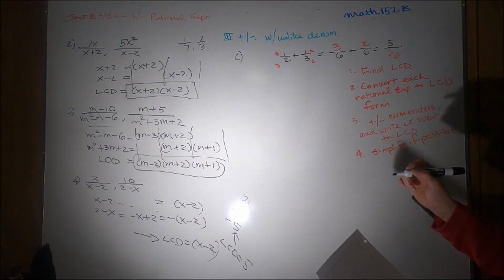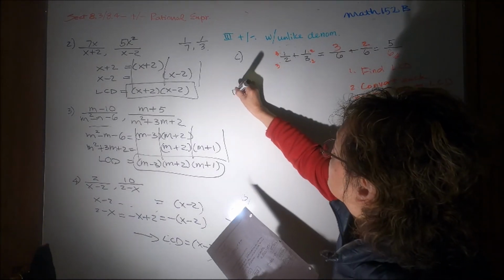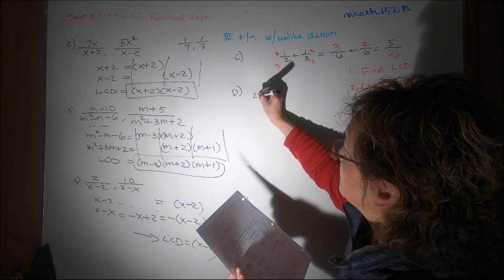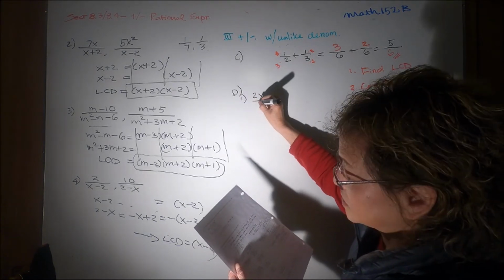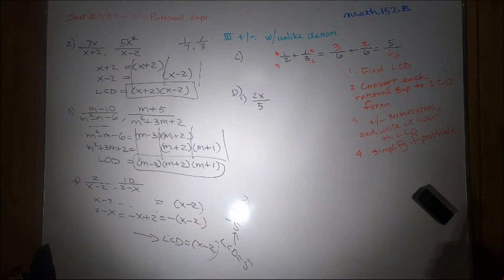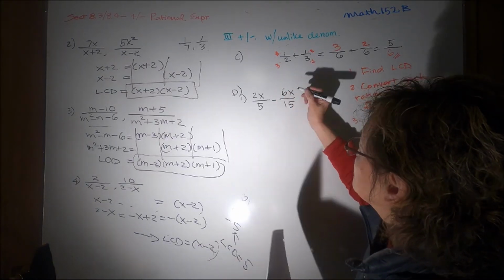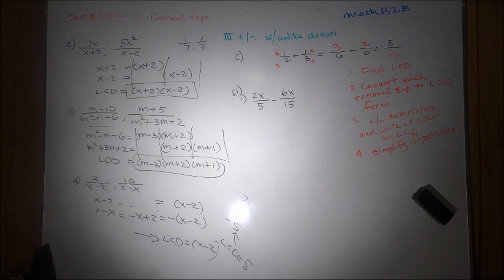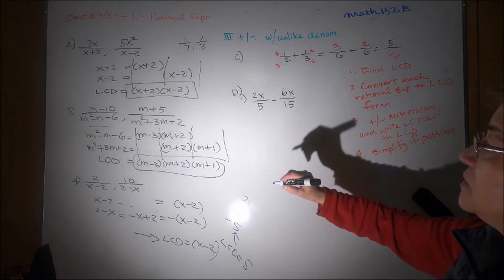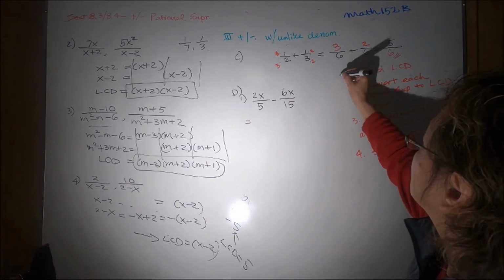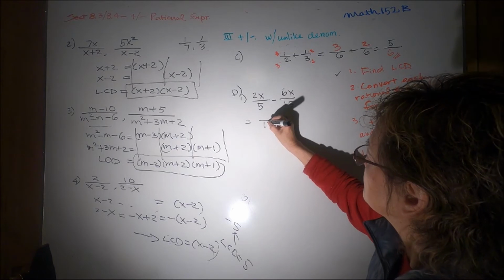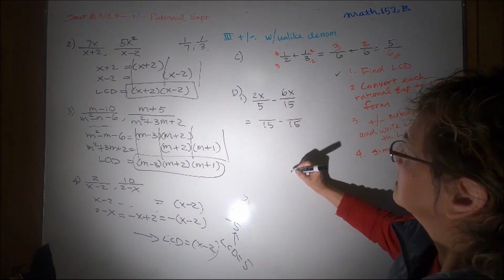Then let's look at the next one for the rational expressions. So, is this a rational expression? Right. And minus another rational expression, right? It's just two fractions. We have unlike denominators, so we need to find the LCD, which is 15, right?